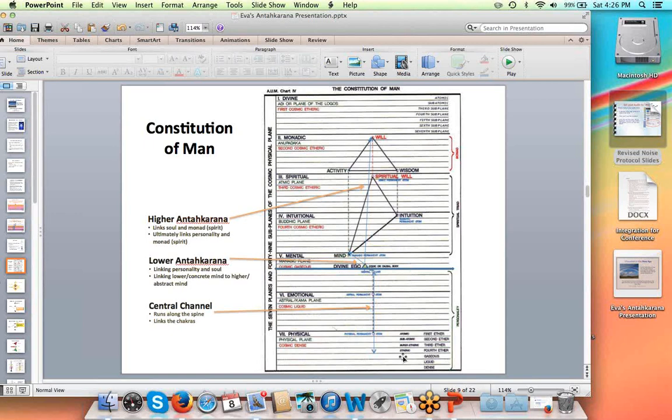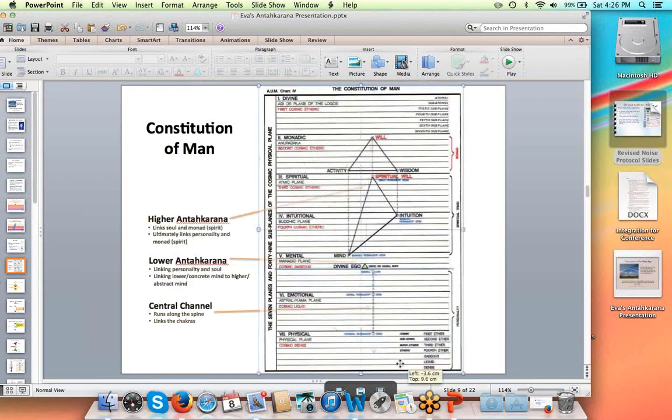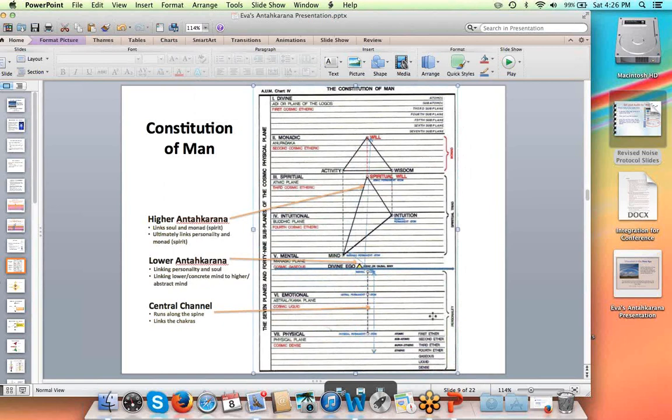Anything below this blue line deals with what we call the 18 subplanes. If you were to count each one of these subplanes, you would come to 18 because there's 7 on the physical, 7 on the emotional, and only 4 that we're dealing with here on the mental.